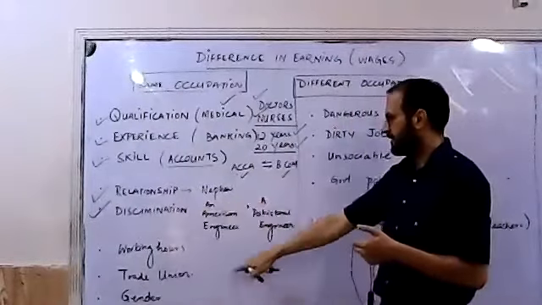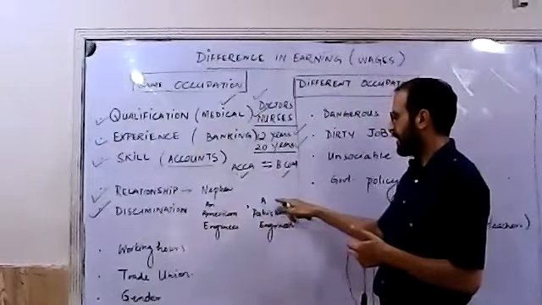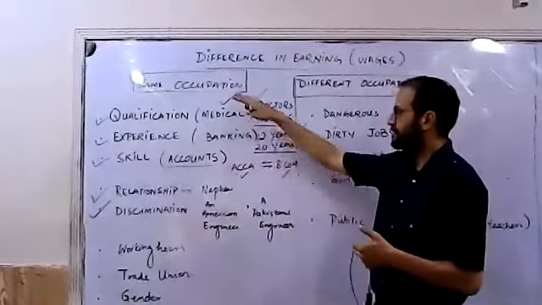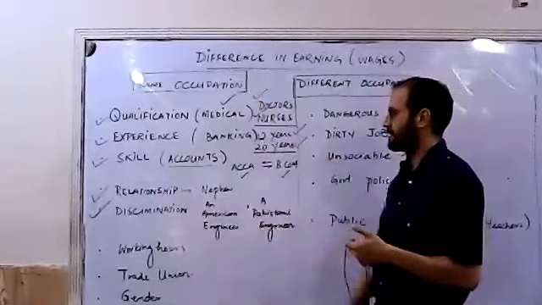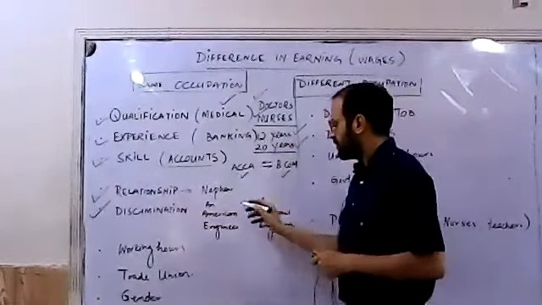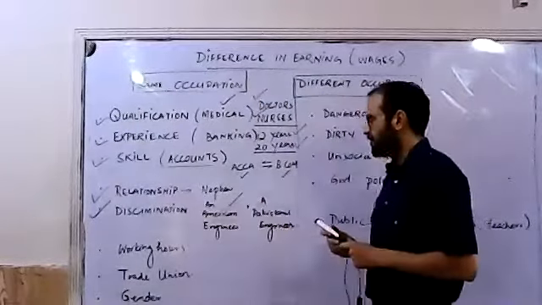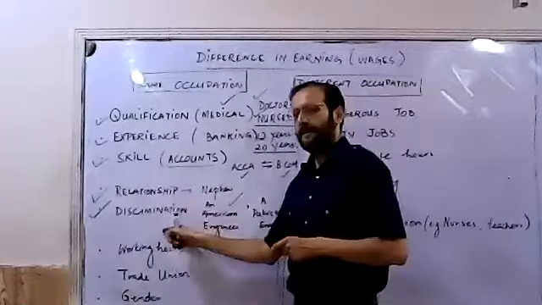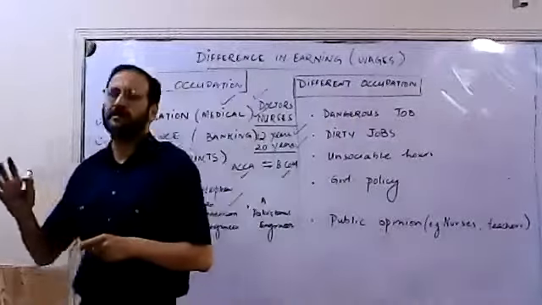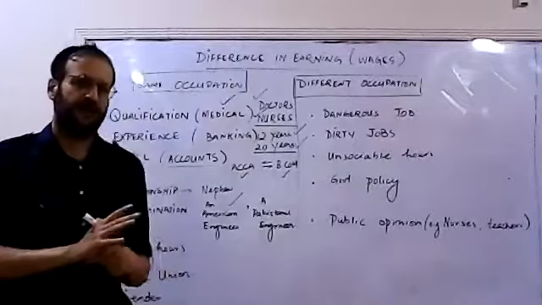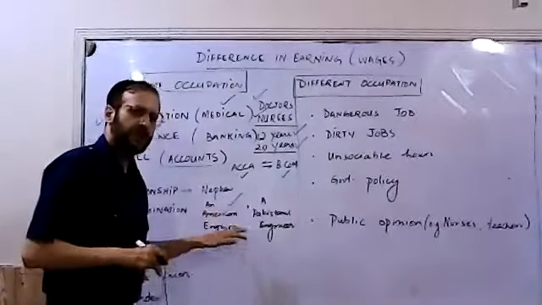If you hire an American engineer and if you hire a Pakistani engineer, let's say both have the same qualification, experience, and skills, but sometimes you're going to give more wages to an American engineer. Why? Because somehow we are discriminating that the white people should be paid more.